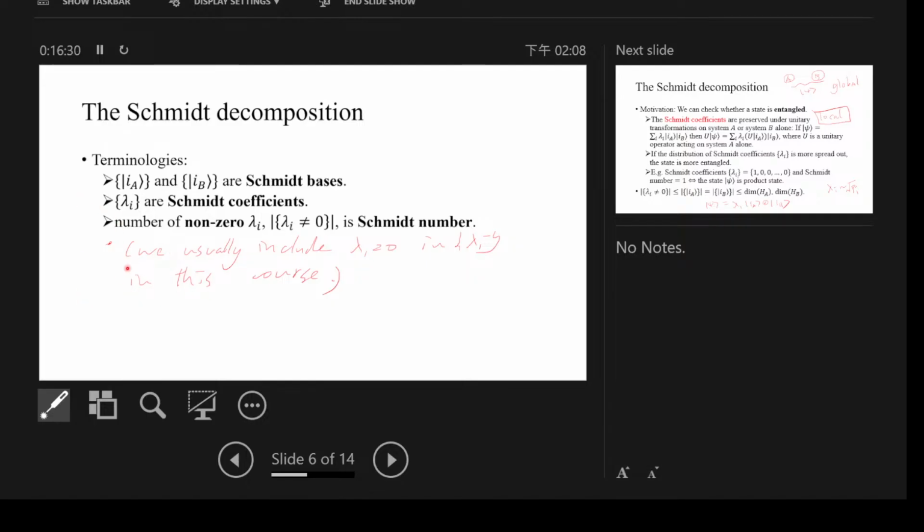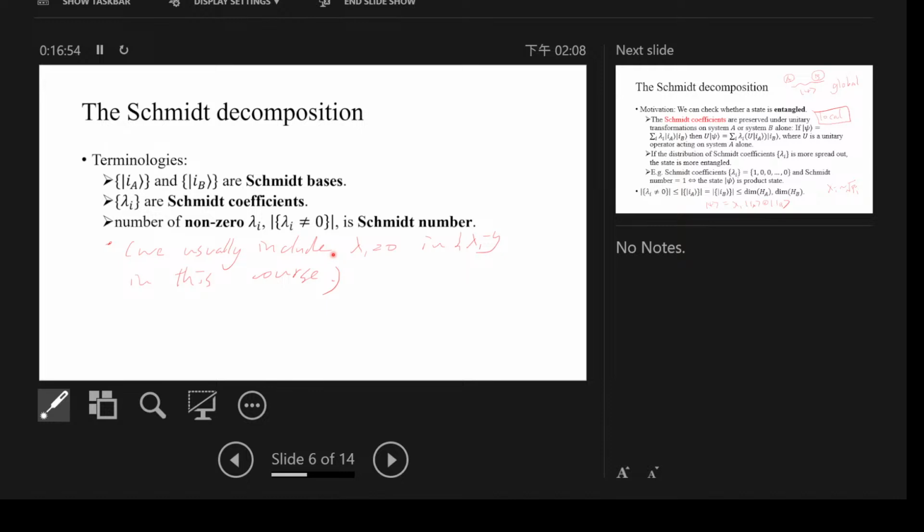Some people, and I think the textbook is not very clear on this part, only include the Schmidt coefficients as the non-zero lambda i. Then the Schmidt number is just the number of lambda i here. So it's a bit confusing, a bit ambiguous.